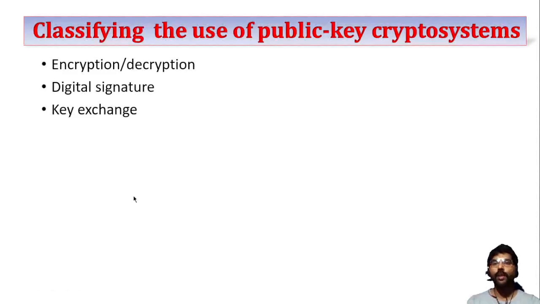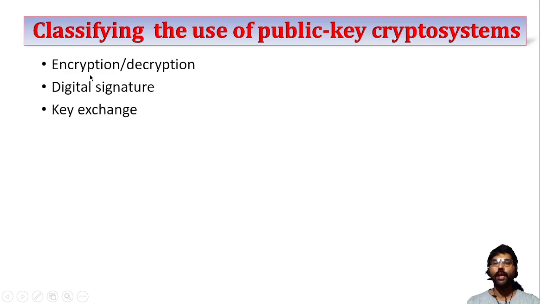Now the question arises whether I have to use the recipient's public key or the owner's private key for the encryption technique. Which key I have to use depends on the application, on what type of problem I have. I can classify the use of public keys into three types.